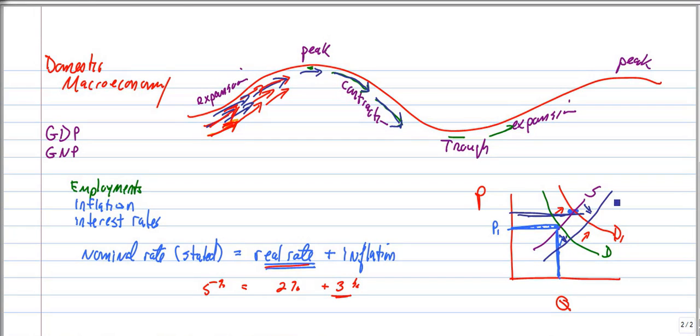So we're also expecting to see a shift in the supply curve. So if you'll notice, we don't necessarily immediately see a price increase just because demand increases, because we also expect supply is increasing.